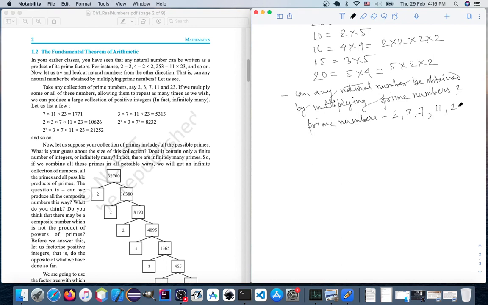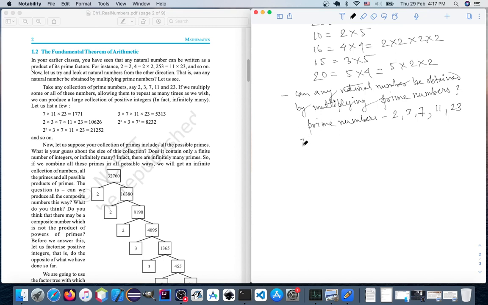These are all prime numbers, and it is trying to see, using these prime numbers, what natural numbers it can generate by multiplying them, and it can also use one prime number more than once.